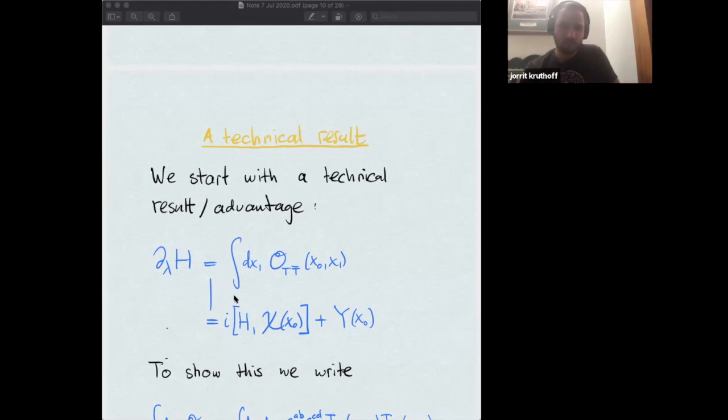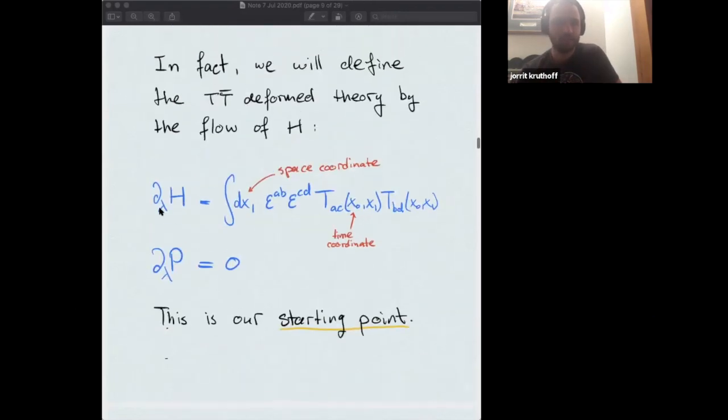So this boundary term is important, but in expectation values, so when I compute the flow of energy eigenvalues, this piece drops out, just as it would for the usual computation of the energy levels using the flow of the action. There could be quantum mechanical differences between the two, but I believe that the flow of the Hamiltonian and the flow of the momentum, as I wrote here, are well-defined operators.